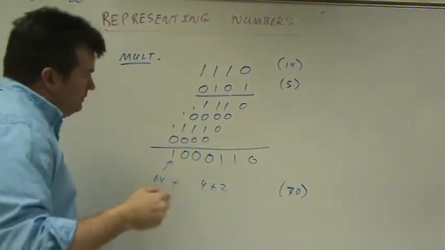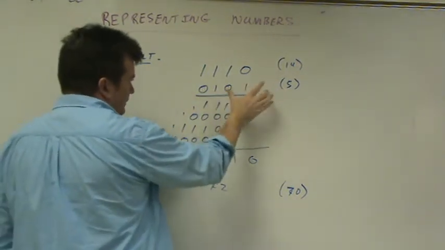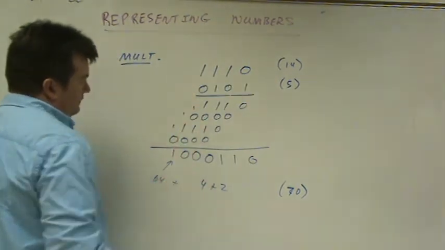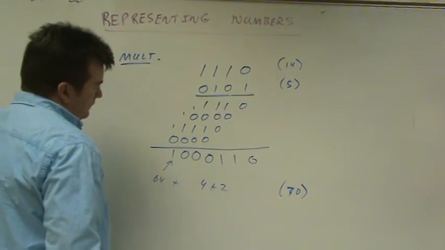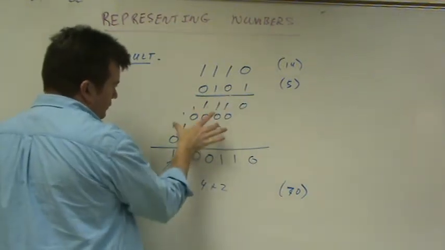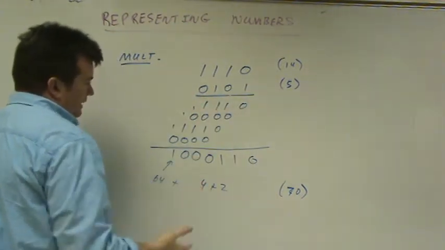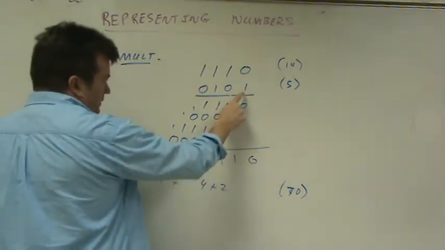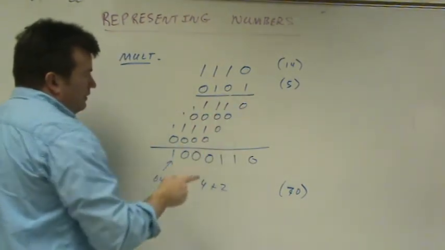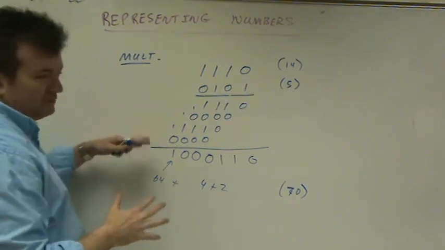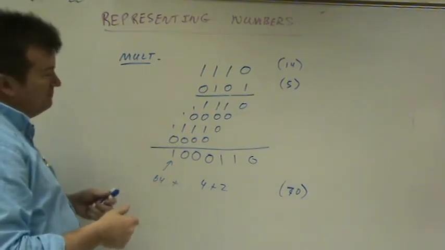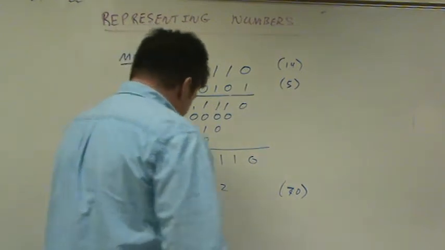And we'd have to do this concept of shifting the bits over by 1. So we'd have to compute 1, 2, 3, 4 numbers and then add them all together. So for every bit on the second number, there's 2 steps. But it's doable. Obviously it takes longer to multiply than add. But it's a doable operation.